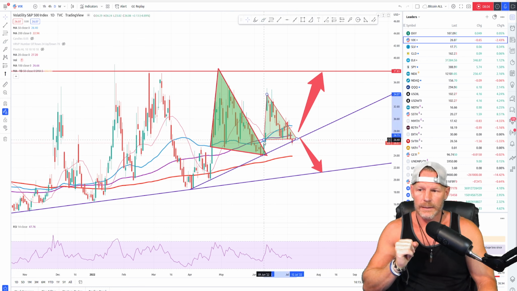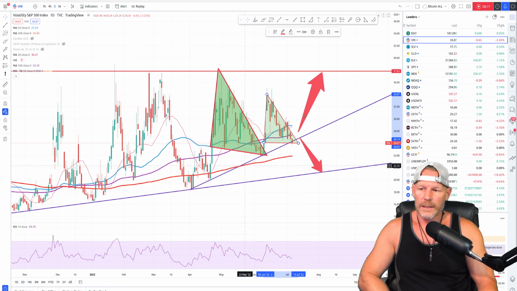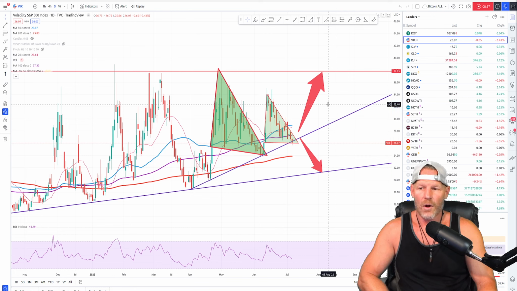That's not out of alignment here, because all I have to do is move this flag here, and we are on strong support. But in yesterday's failed video, I was mentioning that the possibility of us breaking down below that support also exists.